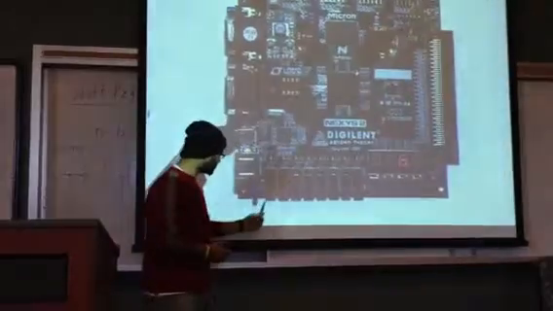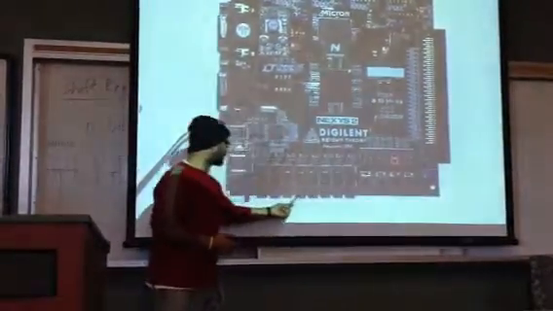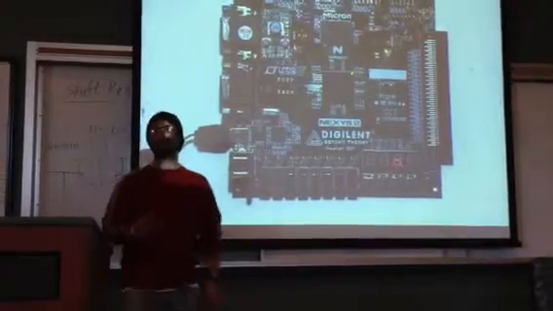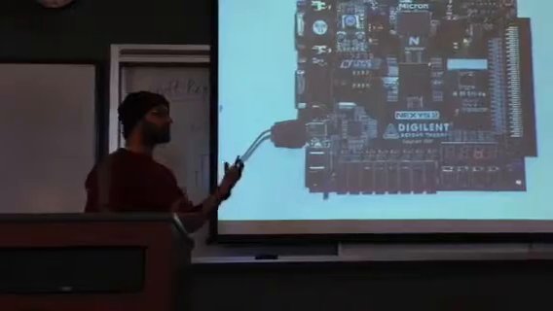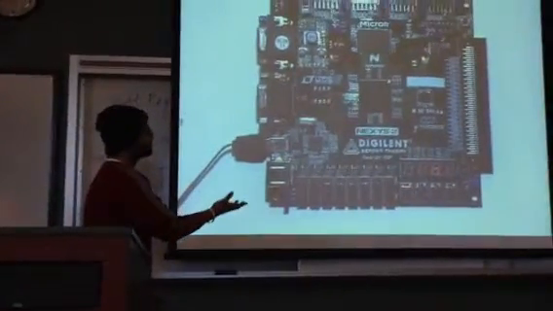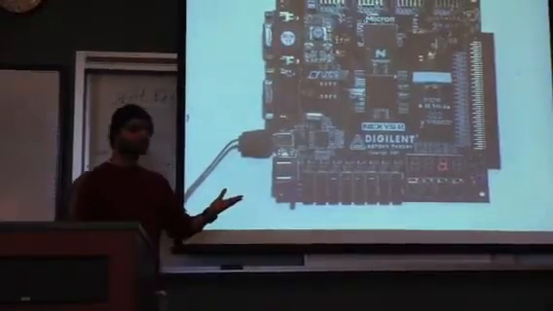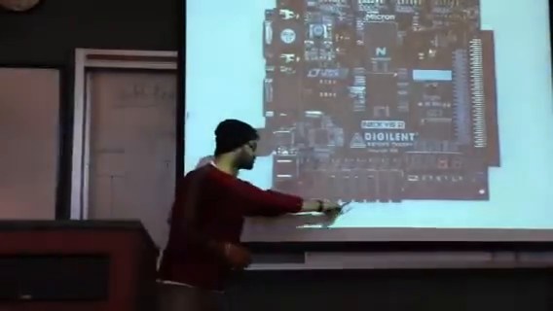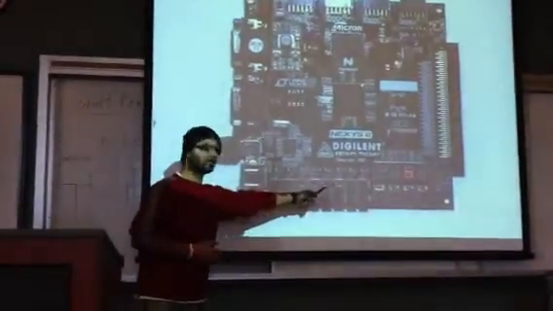Each switch also has a number corresponding to it. The UCF file maps a port to a switch or an LED. In this case, all the input ports I've connected to the switches, and all the output ports I've connected to the LEDs.